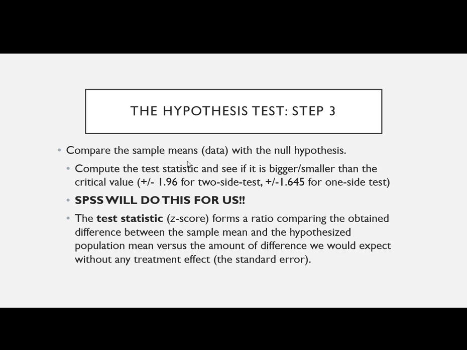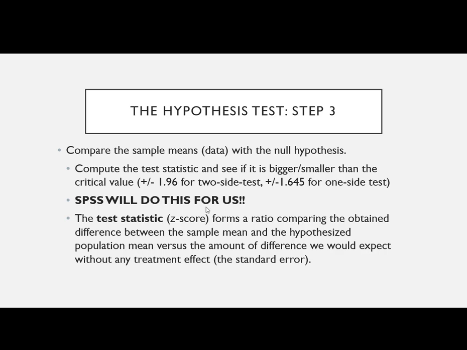So we compare our sample means, which is our data, with the null hypothesis. We compute the test statistic. This is step 3. I'm just showing this to you; we haven't actually computed anything. But step 3 is to compute the test statistic and see if it is bigger or smaller than the critical value. So either it's bigger or smaller than 1.96 for a two-sided test or 1.645 for a one-sided test.